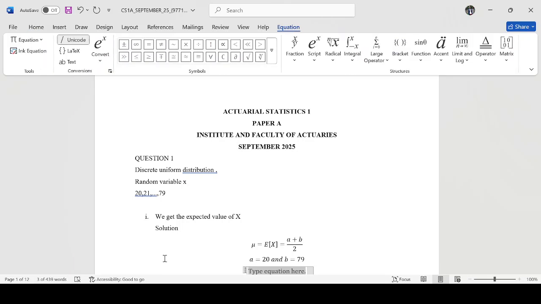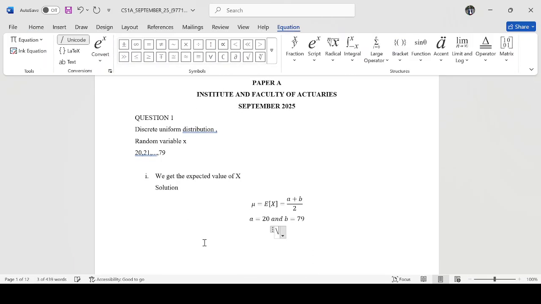So by doing that, mu is equal to (20 plus 79) divided by 2. In short, 20 plus 79 is equal to 99. So 99 divided by 2, you get 49.5.